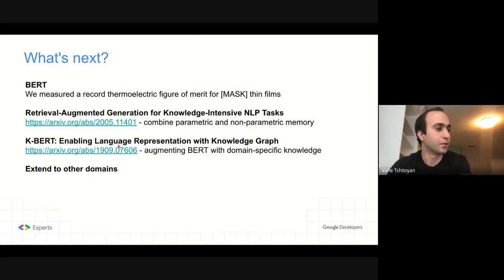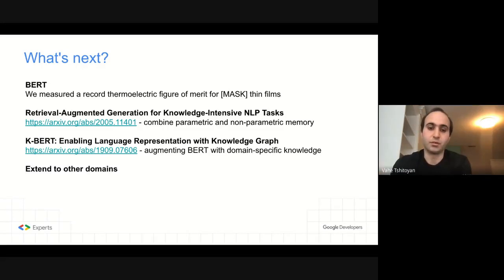And then a couple of newer papers, which I found very interesting, are combining some knowledge into parametric models. In this case, I think both of them are using BERT. This one is combining knowledge from a knowledge graph with a BERT model, which could make sense in these applications because some things are just facts in materials or in any science, and you don't want them to be parameterized.